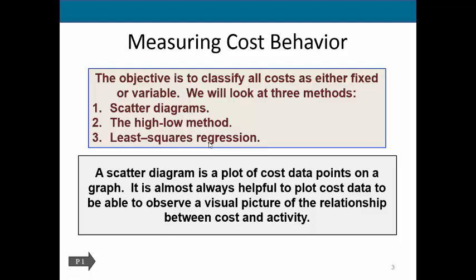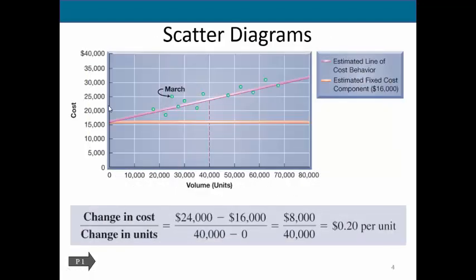You could use a graphing calculator, you could use Excel to compute least squares regression. But I'll go ahead and tell you that least squares regression is simply a mathematical method of what we're doing in a scatter diagram. And I'll show you how we do that and discuss that when we're going over the scatter diagram. So first we're going to look at a scatter diagram.